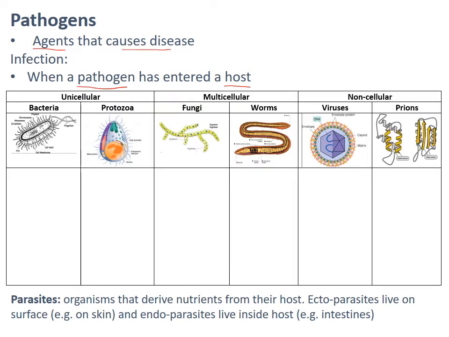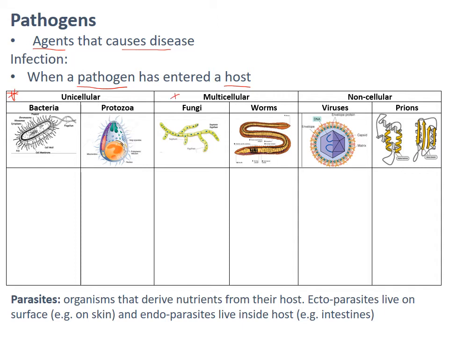Okay, these are the pathogens that VCAA say that you need to know. So 6 different types of pathogens. And there's a few key things about them that you need to know. You'll notice at the top of this table, it describes the pathogen based on its structure. So we have unicellular pathogens, which are pathogens that are just one cell on their own.